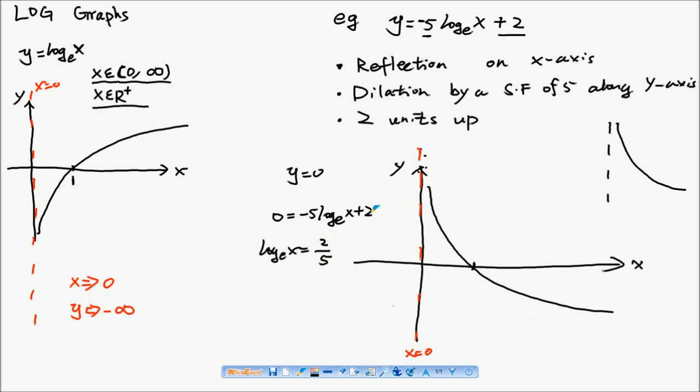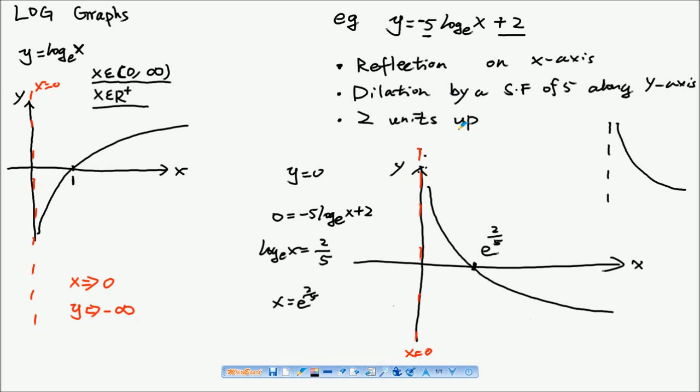We move the 2 to the other side and divide by minus 5. So x is going to be e to the power of 2 on 5, and here is our x-intercept. I just label it as e to the power of 2 on 5.